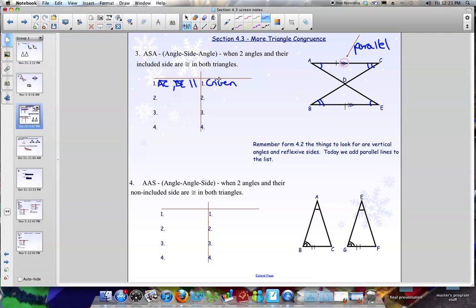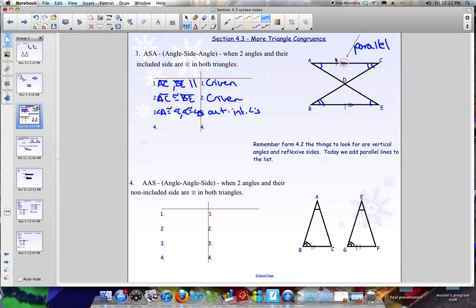So it is also given to us that AC is congruent to BE. From our parallel lines, we get our congruent angles. So we would say that angle A is congruent to angle E, and angle C is congruent to angle B. And our reason would be because they're alternate interior angles.